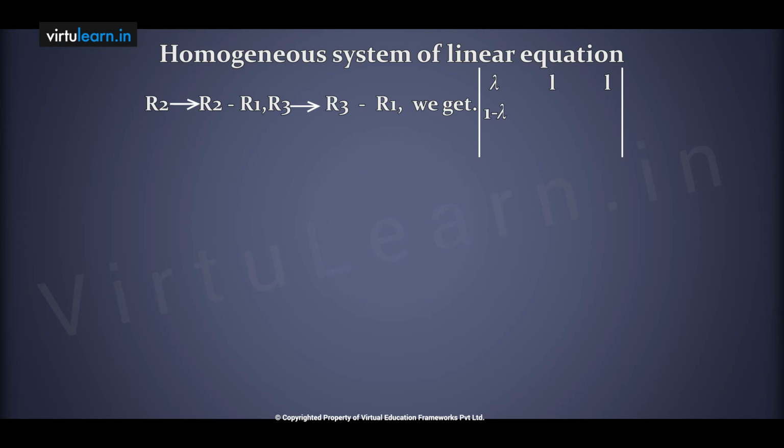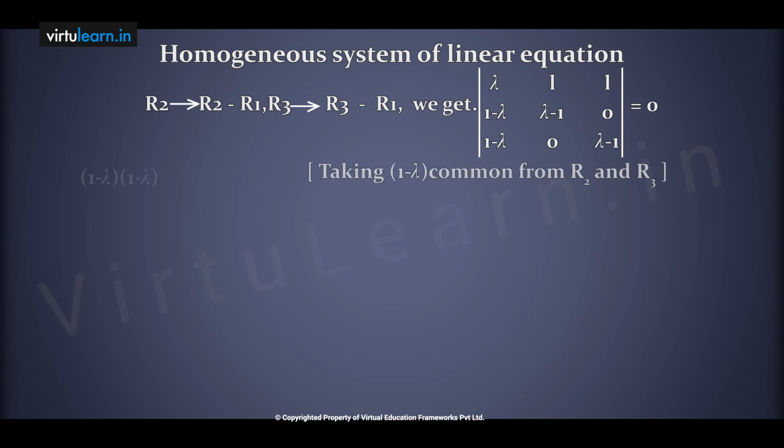Second row 1 minus lambda, lambda minus 1, 0. Third row 1 minus lambda, 0, lambda minus 1. Now from the second row I take lambda minus 1 common, and from the third row also lambda minus 1 common. We get 1 minus lambda into 1 minus lambda into determinant of lambda 1 1, 1 minus 1 0, 1 0 minus 1, equal to 0.